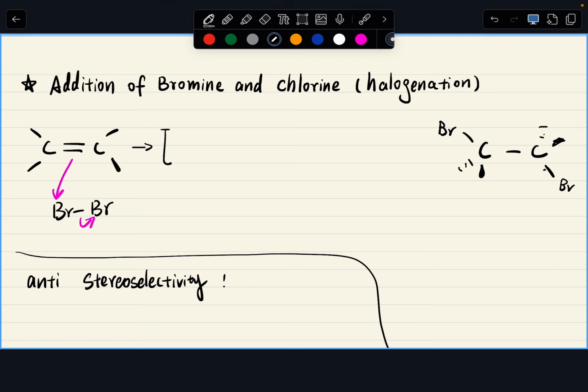It's still a carbocation, but now it's a bridged carbocation. All right, so what does that look like? So we have carbon, carbon with different groups around it. And I'm forming a new carbon-bromine bond on one of the carbons, and the other carbon was left with a positive charge, like a carbocation.